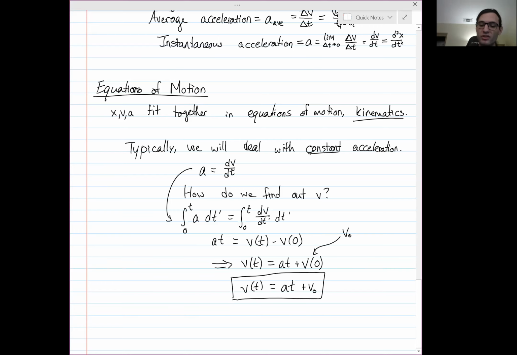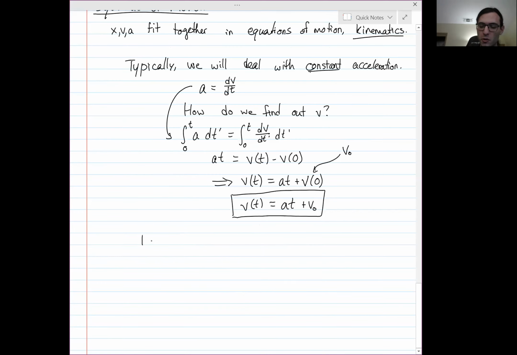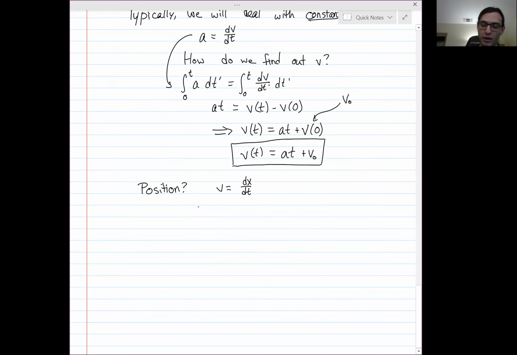We can do the same thing with position. We know that velocity is the derivative of the coordinate position x. So let's integrate both sides again: 0 to t of v of t prime dt prime equals 0 to t of dx/dt prime dt prime. We already know what v of t is, so we can plug that in and do the integral.